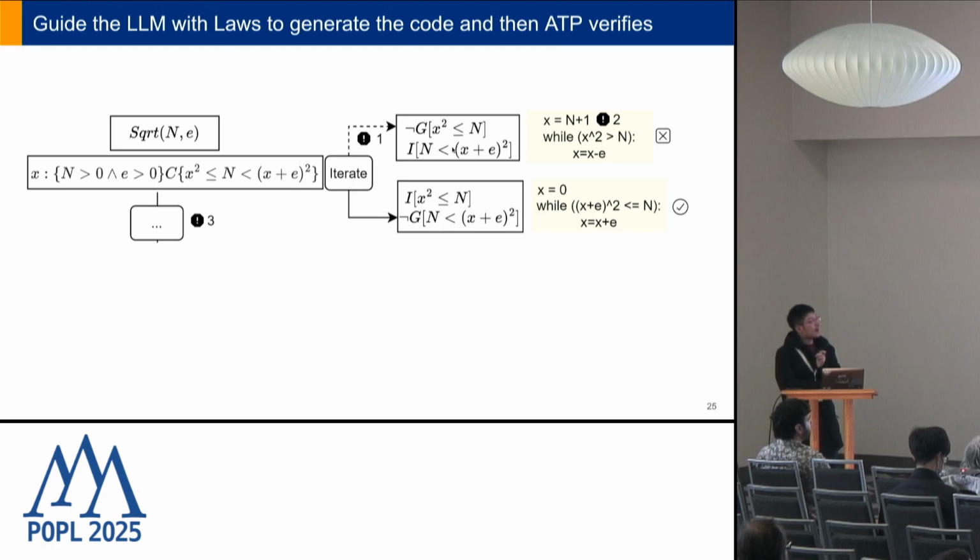In the first part, we first satisfy the invariant, which assigns x with n plus 1. Then we build the iteration with the guard condition that is the negation of this condition and build the loop. Then we try to verify whether this loop is correct.